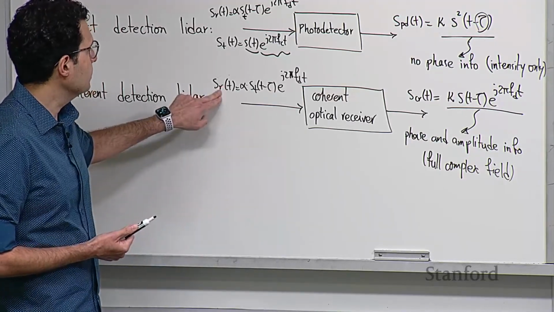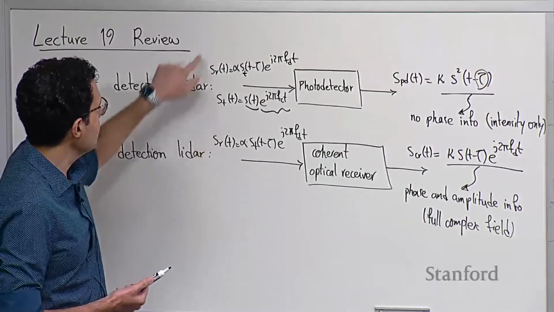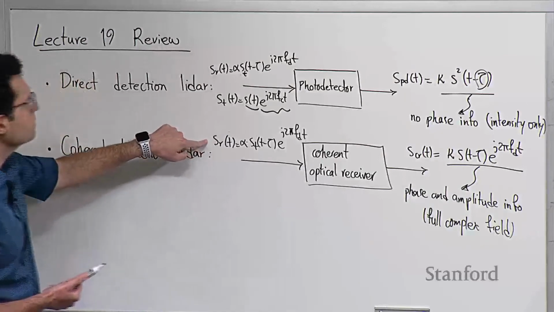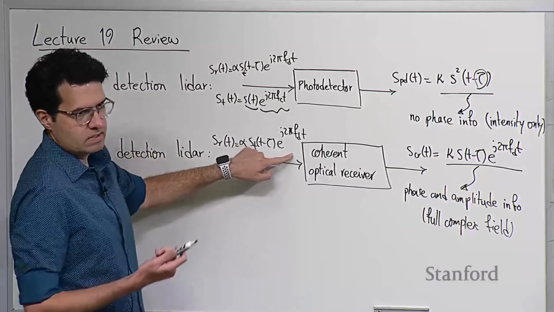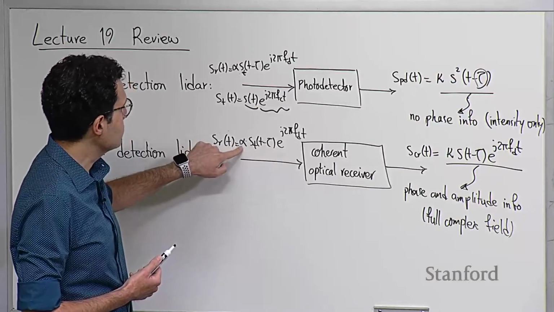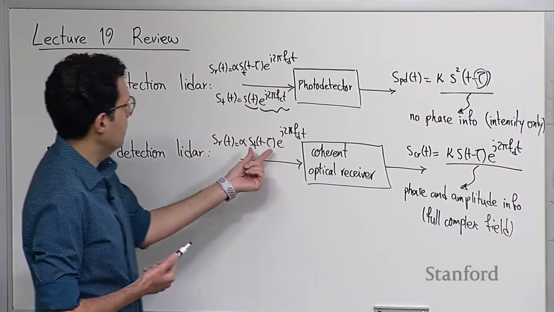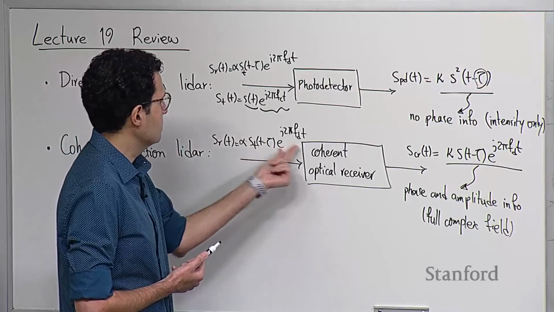Again, the input signal to the optical receiver is the same as for direct detection LiDAR, because it's the same physics of wave propagation. So you get some attenuation factor times the delayed transmitted signal times the Doppler shift.